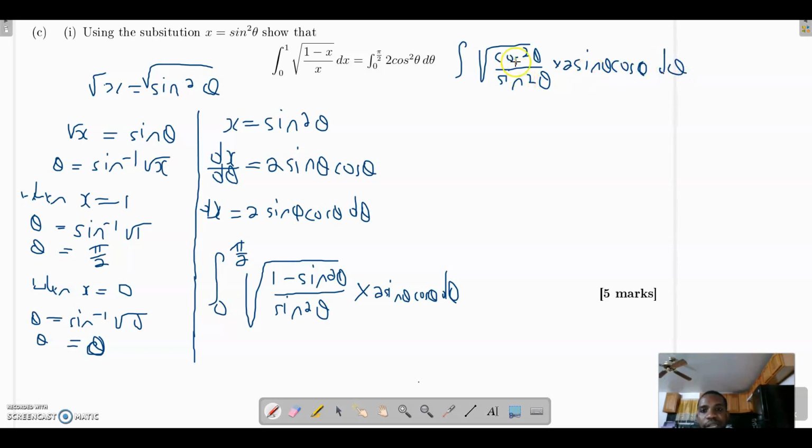Now somebody might say that cos squared theta over sine squared theta is cot squared theta, but that is not inside of your answer. As you can see, it's a proof question, so I don't want to do that. All right, don't leave off your boundaries that are 0 and pi over 2.